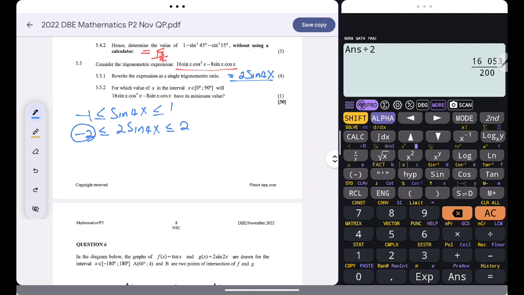So now we want to find the x value that will give us a minimum value. Are you together? We must simply say 2 sine 4x is equal to -2. Then sine 4x is equal to -1. Then 4x is equal to sine inverse of -1. I'll get 270. Then x is just 70.